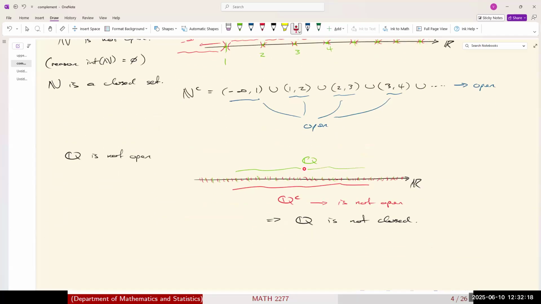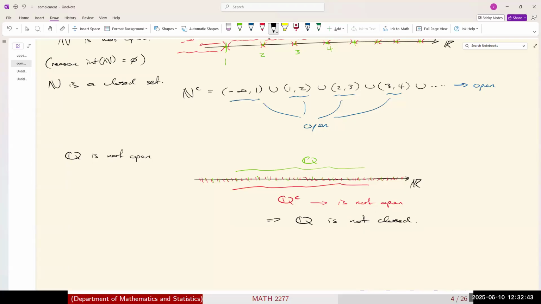So if I want to ask myself, is the rational number a closed set? Look at its complement. Now we've shown that the complement, which are the irrational numbers, is not an open set. So if the complement is not open, the original set is not closed.